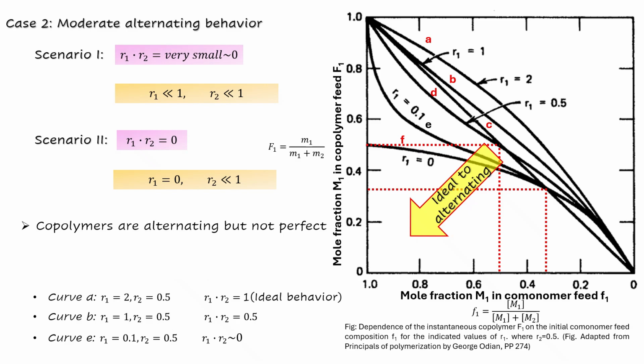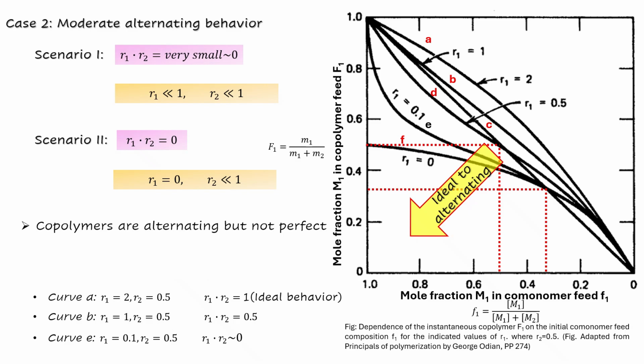Now, let us move toward lower curve B, for which R1 is equal to 1 and R2 is equal to 0.5. The product R1 and R2 is equal to 0.5. In this case, we are deviating from ideal behavior and the copolymer will tend to show some alternation behavior.